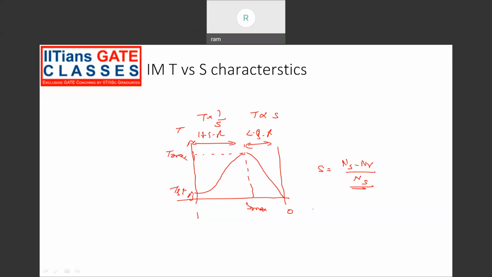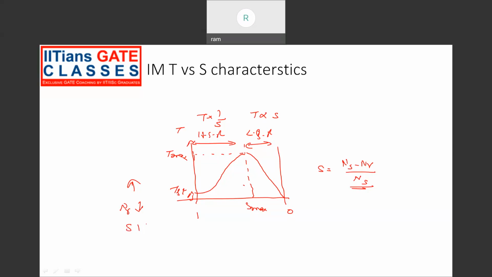So whenever the mechanical load on induction machine increases, what happens? Which decreases the slip.